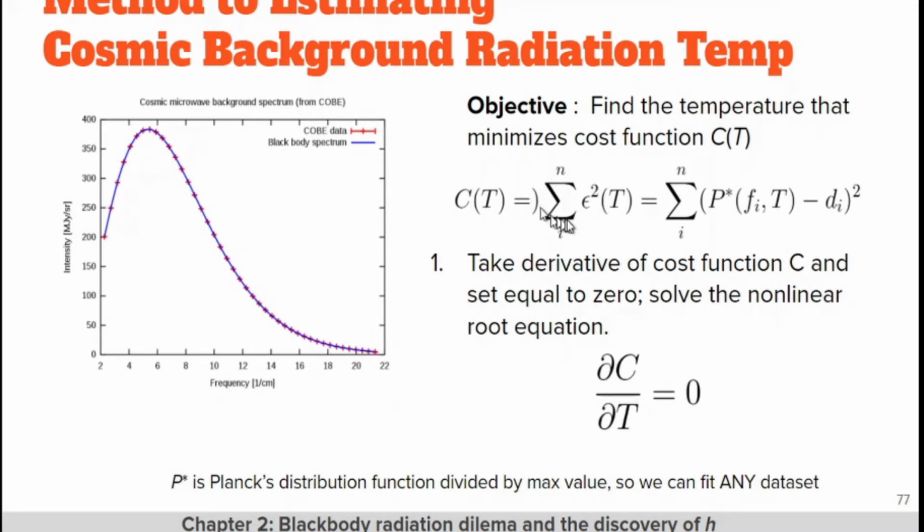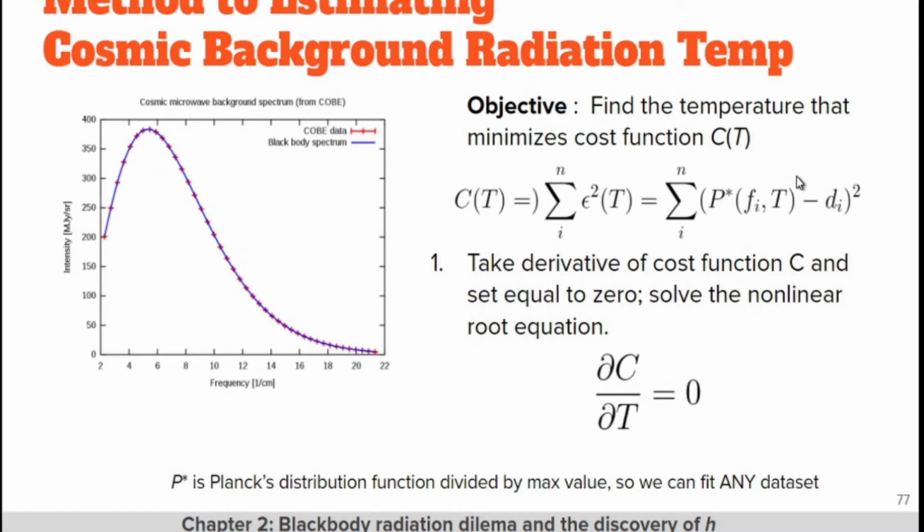And so we're summing over those epsilon, which here is just shorthand for the normalized Planck's function evaluated at that particular frequency of the data point, which is also a function of temperature, minus the actual data point, which is given here. And that data point also needs to be normalized, so divided by its peak value. So we have this function that we want to minimize.